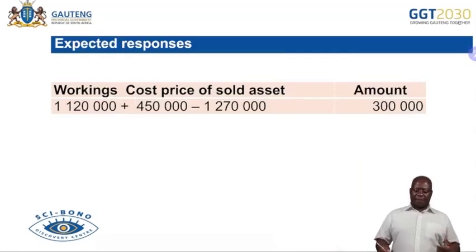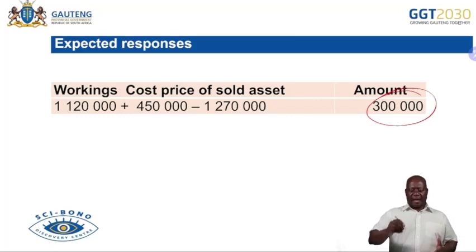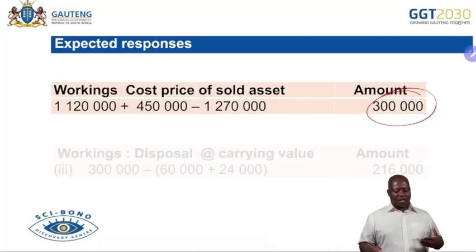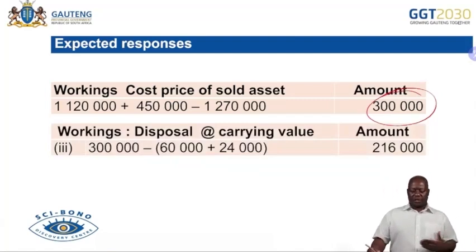So let's check here. Our workings give us this as the cost. Still remember, 1,120,000 plus 450 minus 1,270,000, and then it gives us 300,000. This is the cost. After that, we can use it now to calculate our depreciation.